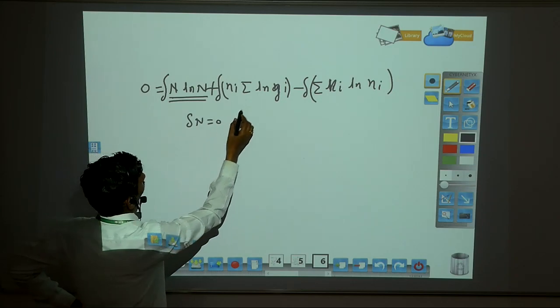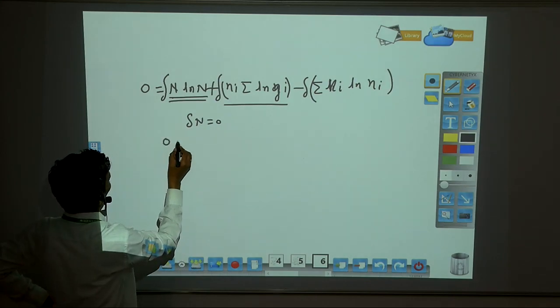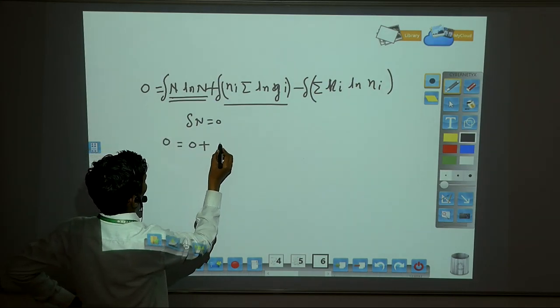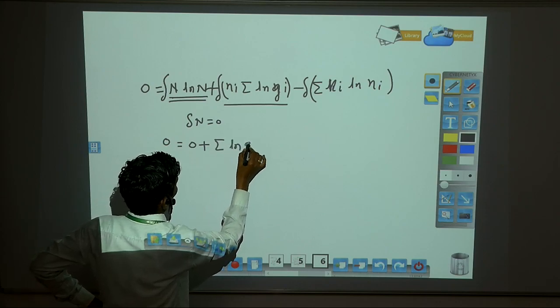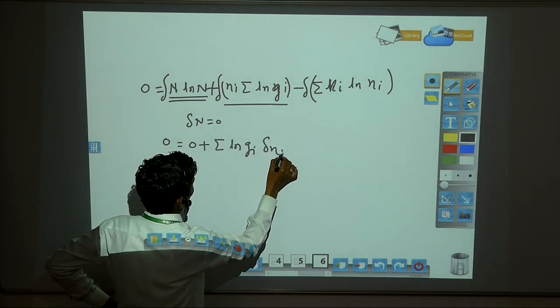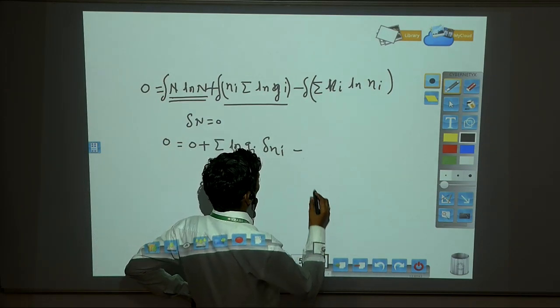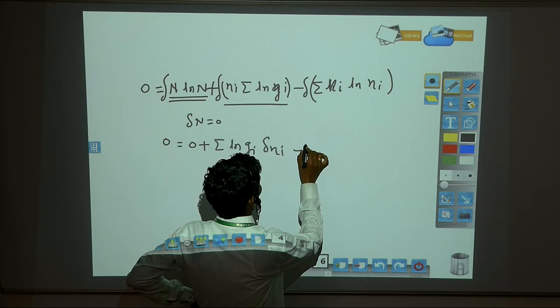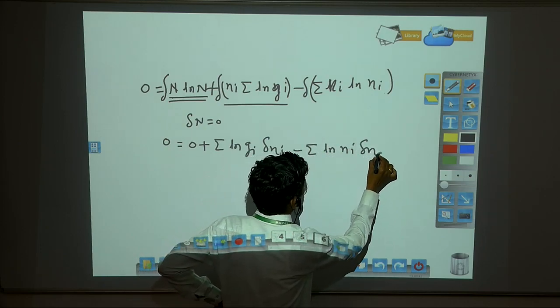So we take the derivative of this, therefore 0 is equal to 0 plus summation of ln gi delta ni minus, this term can be expanded in such a way that we get only minus summation of ln ni delta ni.